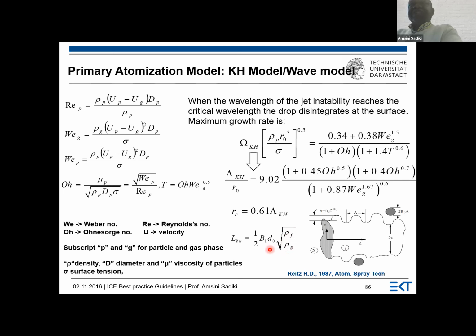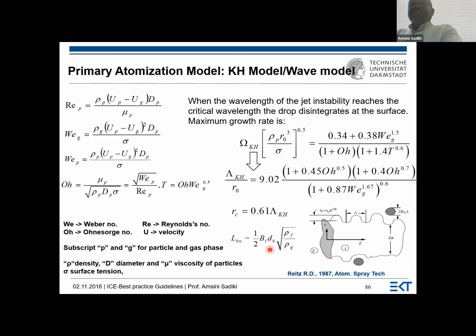The other model is for hollow cone injection. Here it is the so-called linear instability sheet atomization, the LISA model. It assumes two-dimensional viscous and incompressible liquid jets with thickness 2h and velocity U. They are moving through an inviscid and incompressible gas medium.